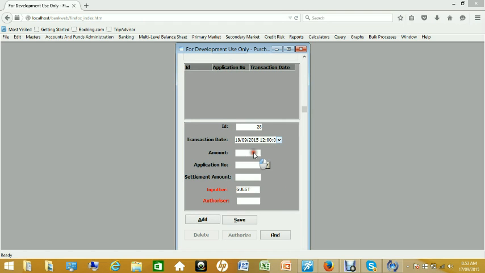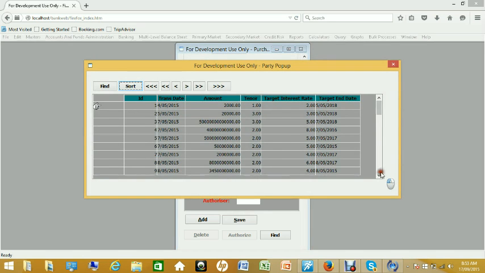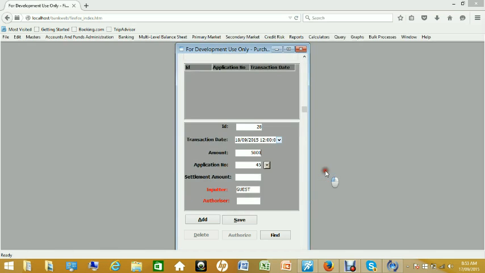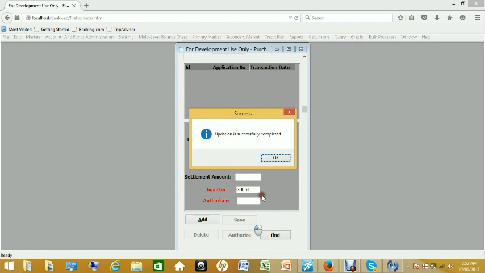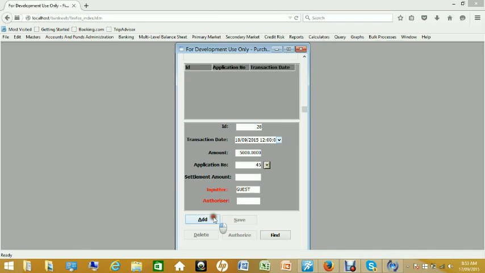Let's enter amount as 5,000. Let's enter application number. Let's save a transaction. Saved successfully. Now let's enter for 19th of September.